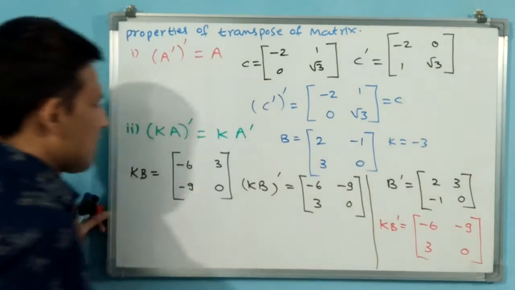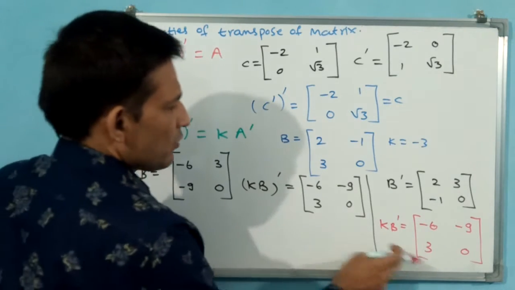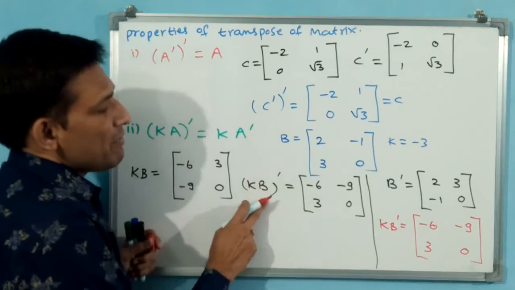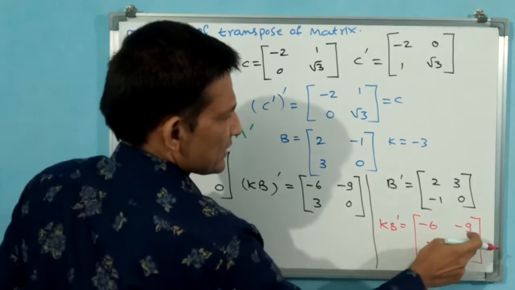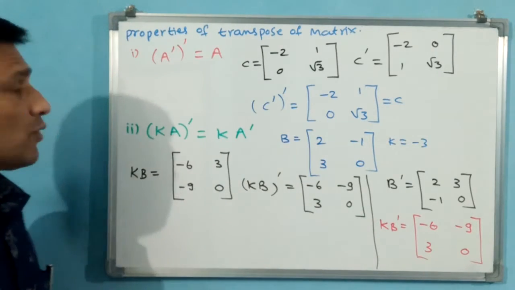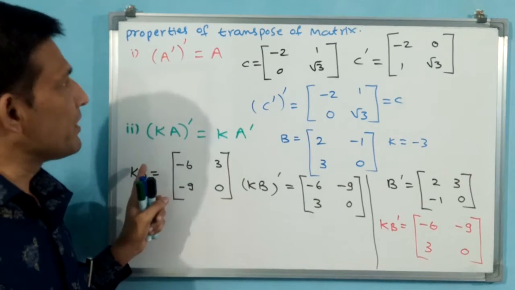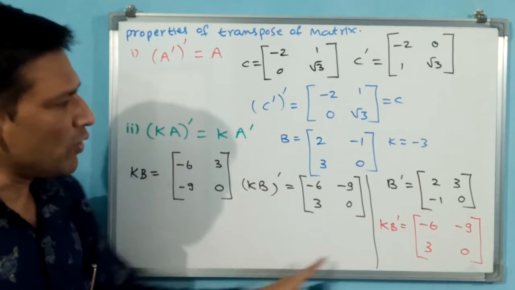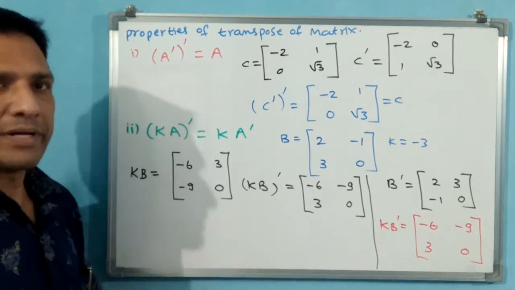Now you see, are these both the same? Kb whole transpose, K into B transpose. Minus 6, minus 9, 3, 0 in both. Now we can say that the second property of transpose of matrix also we have verified.